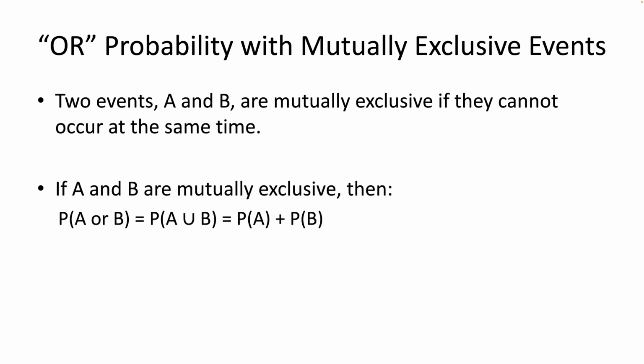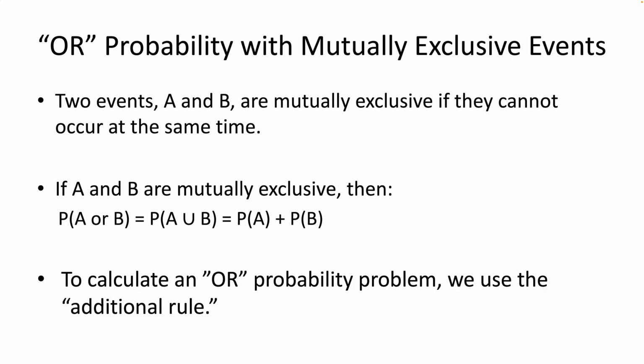If A and B are mutually exclusive, then to find the probability of event A or event B occurring, which is the same as the probability of the union of A with B, just calculate the probability of event A occurring and add it to the probability of event B occurring. To calculate OR probabilities, we use what is called the addition rule. So OR is usually tied to addition in probability.